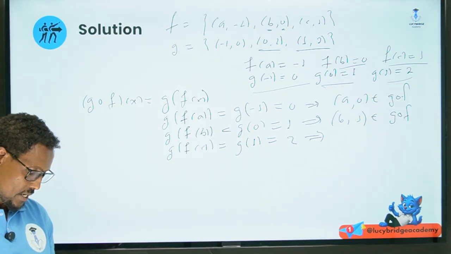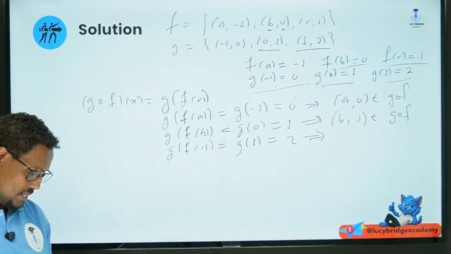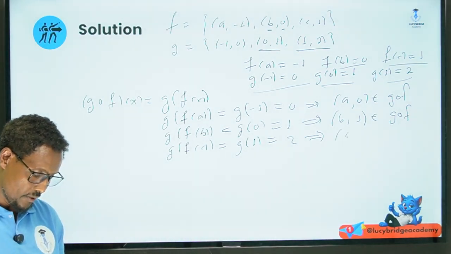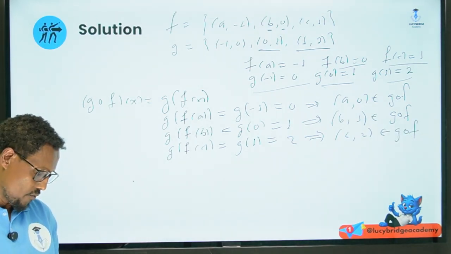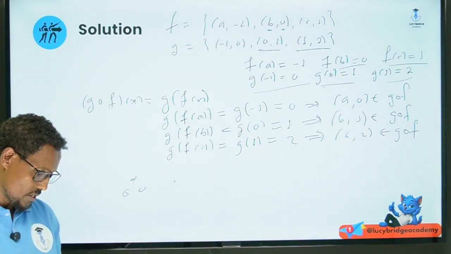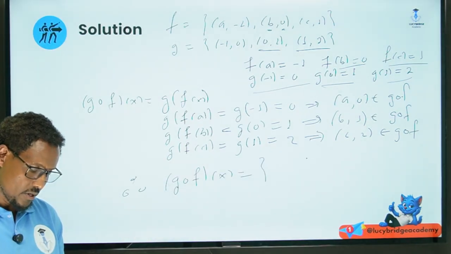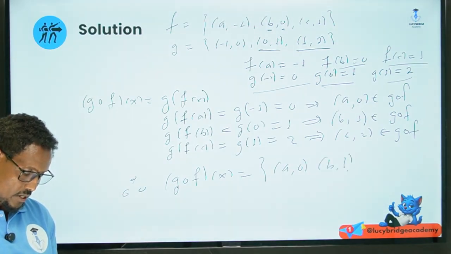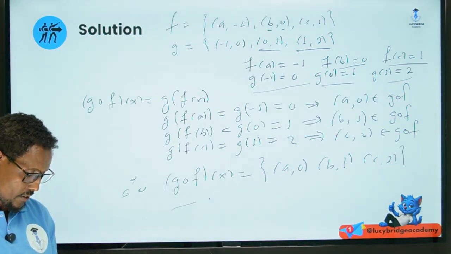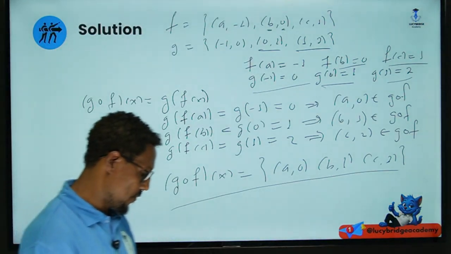This implies (C, 2) is an element of G circle F. Therefore, G of F of X is equal to the three elements (A, 0), (B, 1), and (C, 2). This is G of F of X.